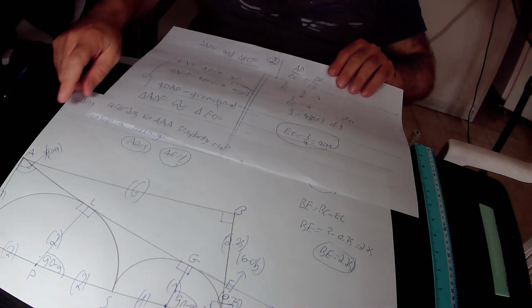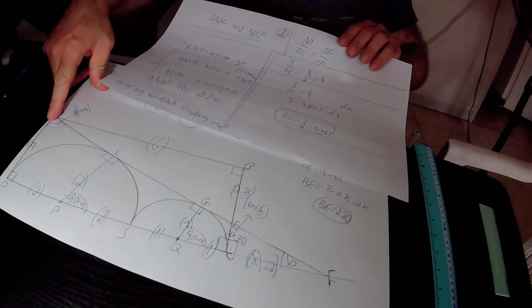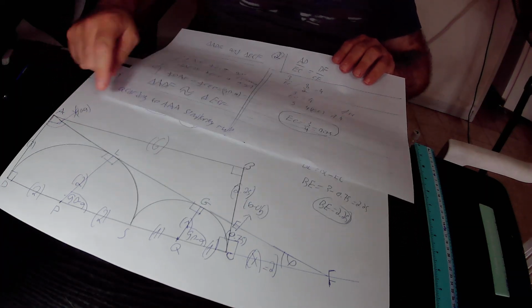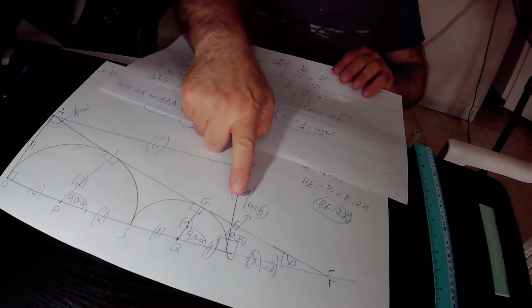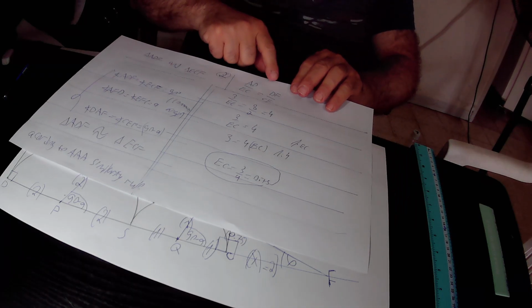AD is 3 according to what is given in the question, over EC. EC is the missing side, so we leave it as it is, and it equals DF.